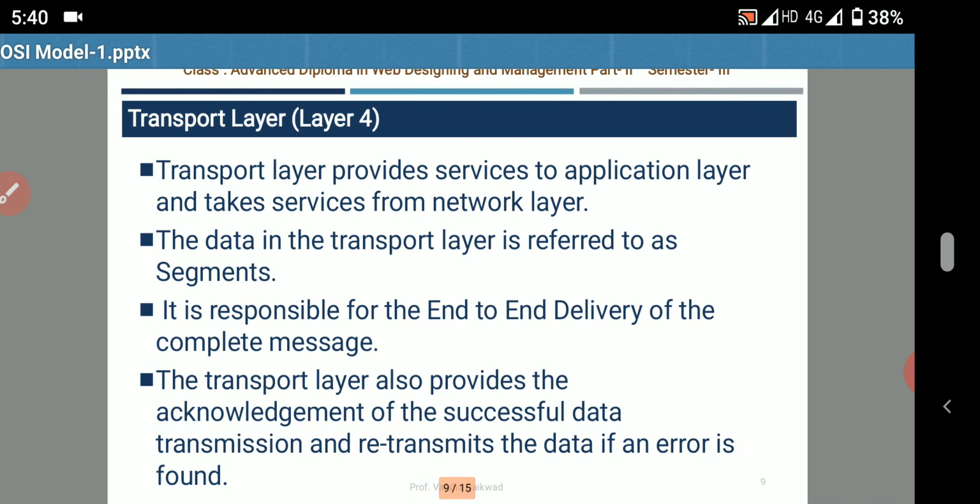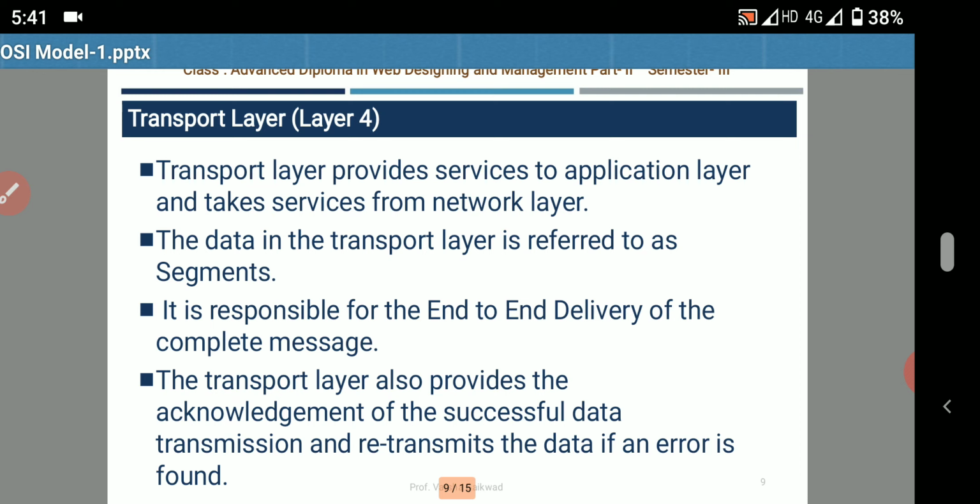Next is transport layer. This is layer 4. Transport layer provides services to application layer and takes services from network layer. The data in the transport layer is referred to as segments. I would like to tell you what is segmentation.